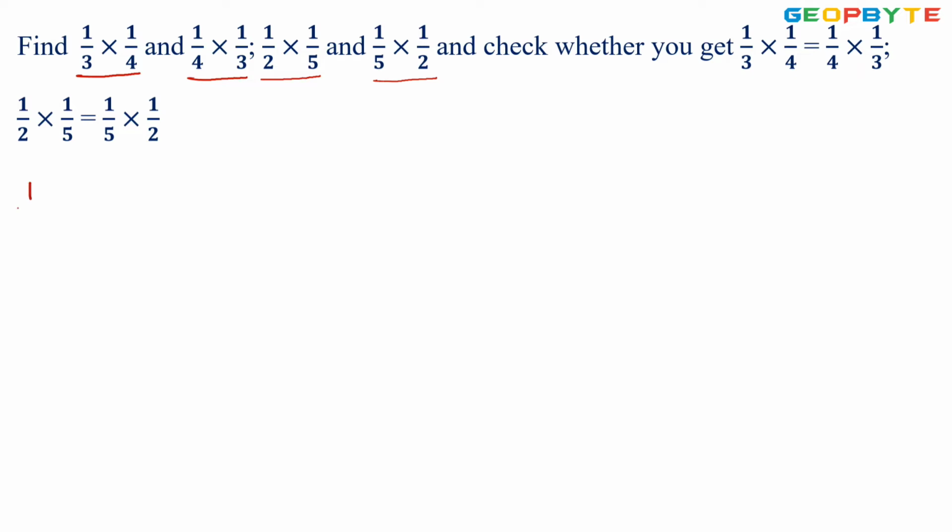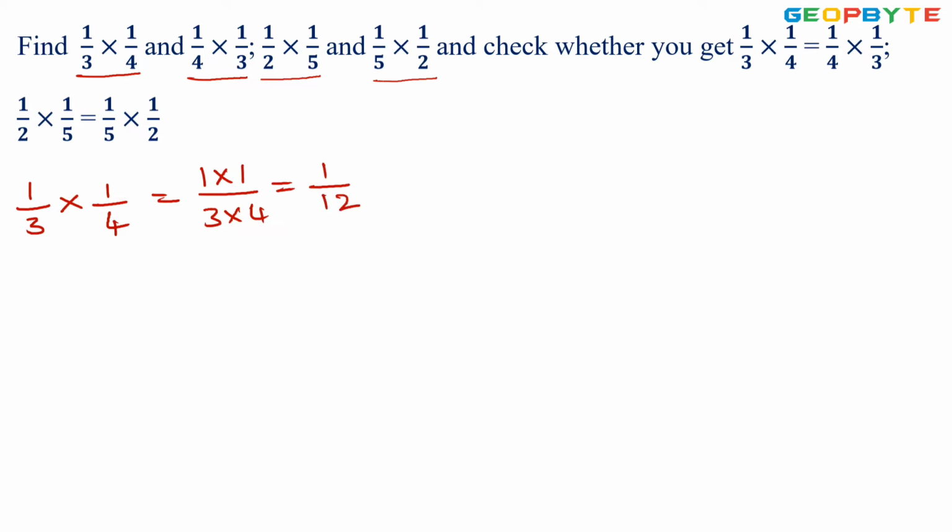First one is 1 by 3 into 1 by 4. So product of numerators is 1 into 1 by 3 into 4. Denominators are 3 and 4. 3 into 4, which is equal to 1 by 12.